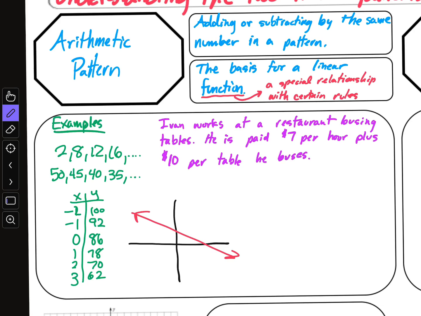Okay. So maybe we wanted to figure out how much money he could make in an hour based on how many tables, right? So often we have a question, right? How much can he earn in an hour?